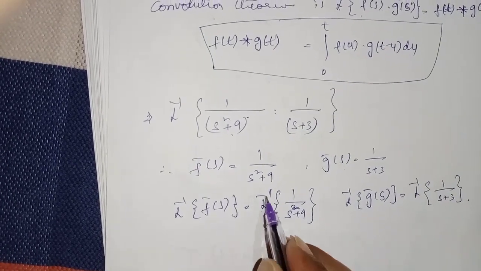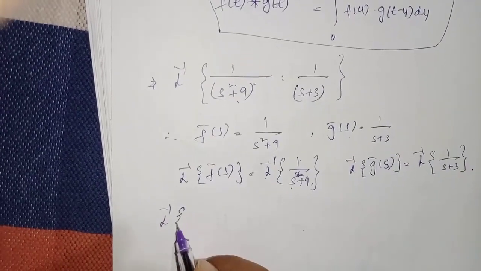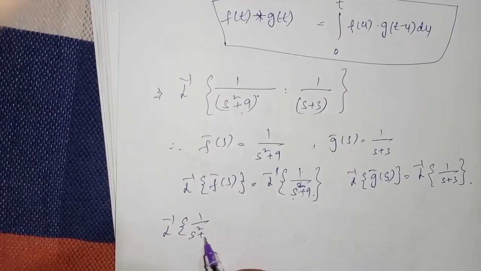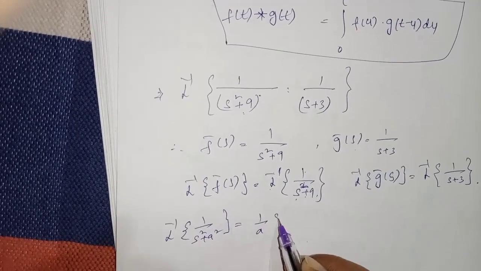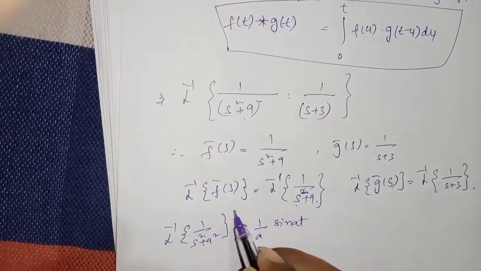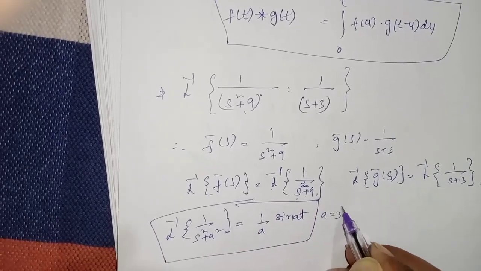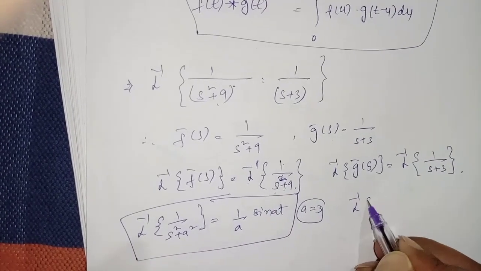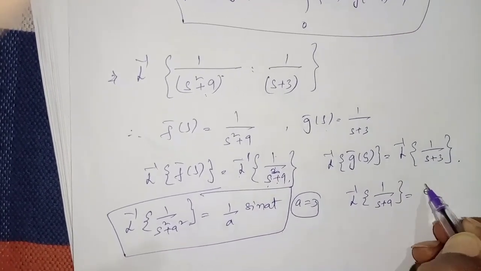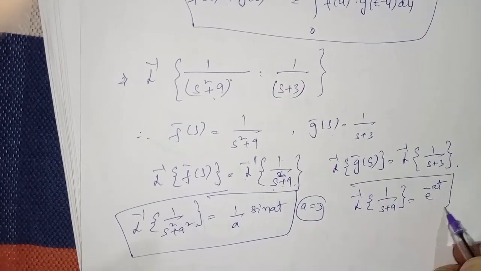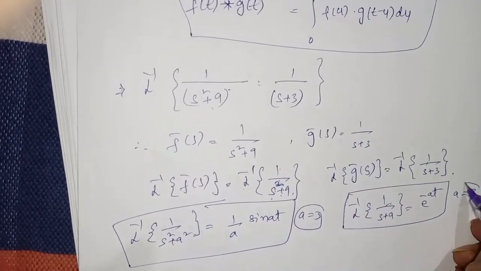We know that L inverse of 1 by s square plus a square is equal to 1 by a sin at. If we compare these two, a is equal to 3. At the same time, L inverse of 1 by s plus a is equal to e to the power of minus at. If we compare these two, here a is equal to 3.